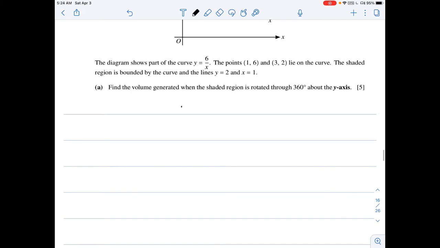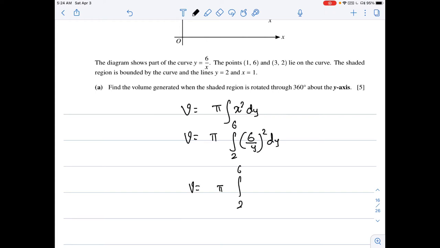So we know that whenever it is along the y-axis, it is pi integral x square dy. So volume is equal to pi integral, limits 2 to 6, x square. Make x the subject: (6 upon y) whole square, dy. So volume is equal to pi integral 2 to 6, 36 upon y square dy, which is 36 pi integral 2 to 6 y to the power minus 2 dy.